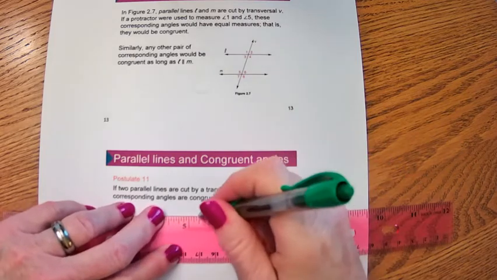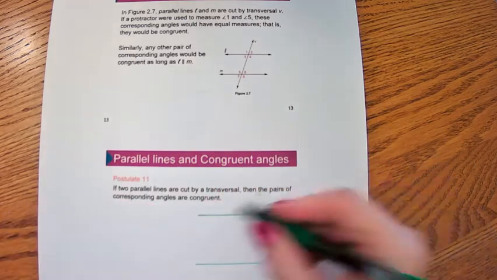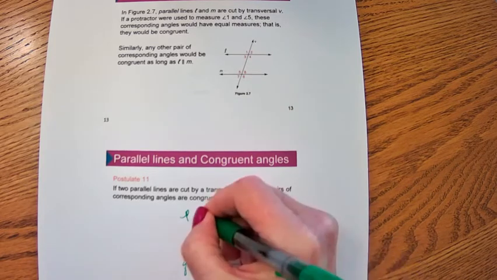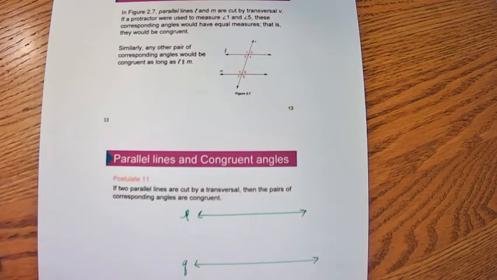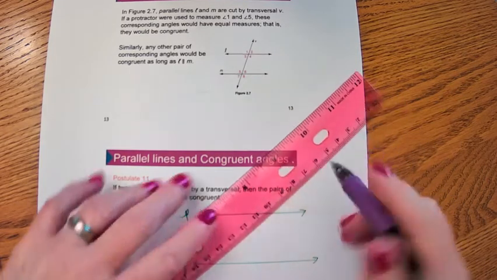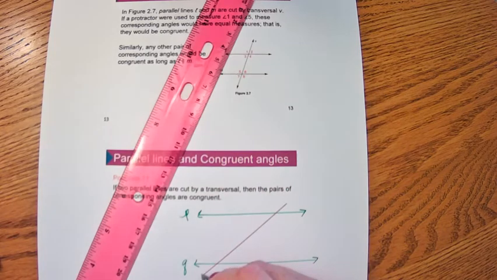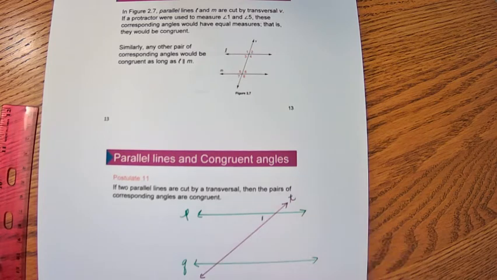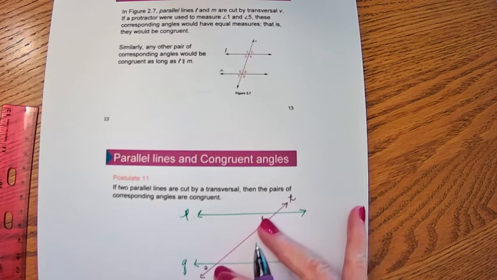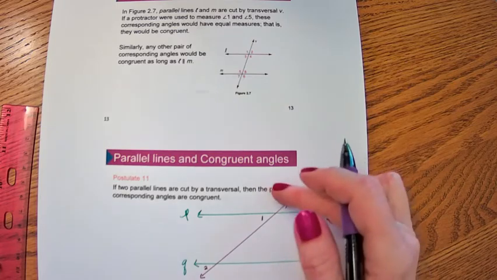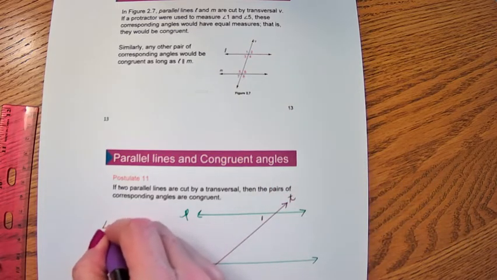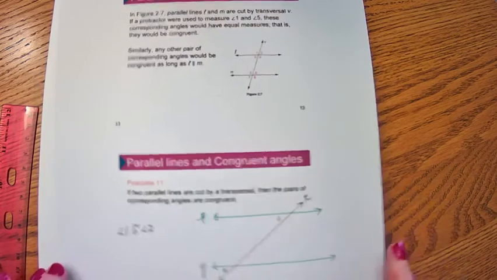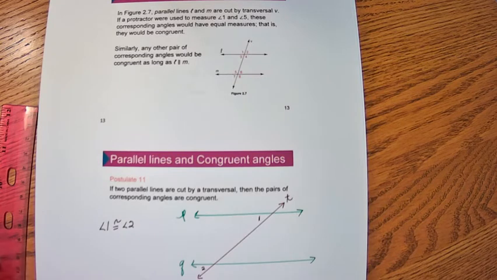So, if I have line P and line Q cut by transversal T, angle 1 and angle 2, since they are corresponding, since they're both in the lower left, we would say that angle 1 is congruent with angle 2 because parallel lines cut by a transversal, corresponding angles are congruent.